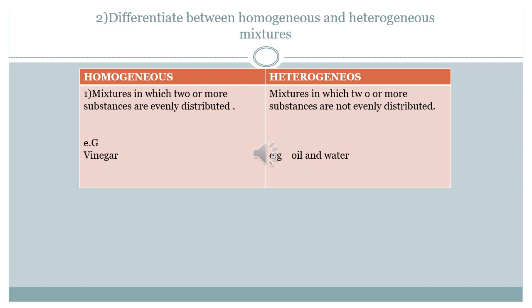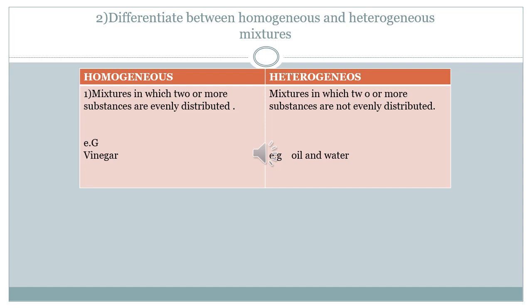Differentiate between homogeneous and heterogeneous mixture. In that, a spelling mistake is there for heterogeneous, but in the question that is the correct spelling, you write that. You put two columns, one column for homogeneous, another for heterogeneous.